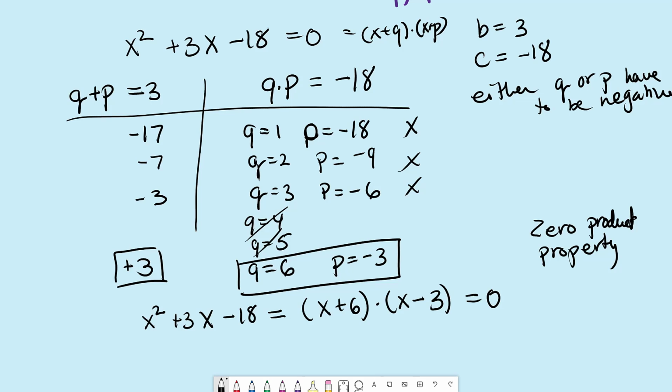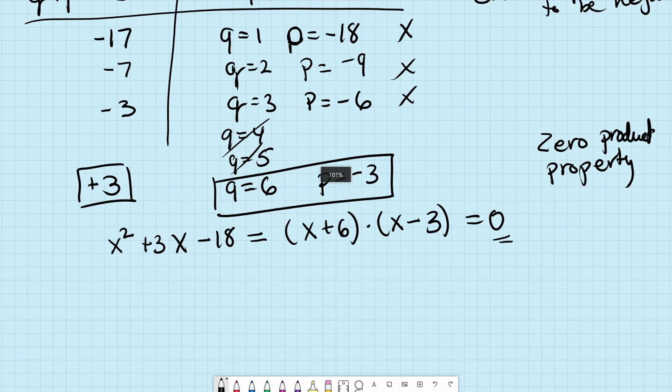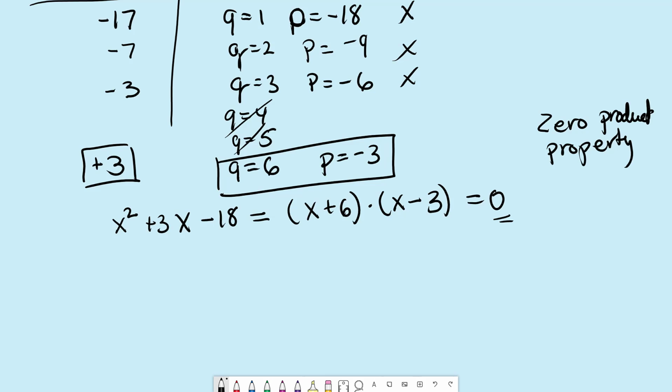Because if one of these numbers is not 0, then the other one has to be 0 in order to get the 0. That's just how 0 works. So in that case, we can use this product to solve the equation. Because we're saying either x plus 6 has to equal 0, or x minus 3 equals 0. And if one of them is equal to 0, we have solved our quadratic equation.